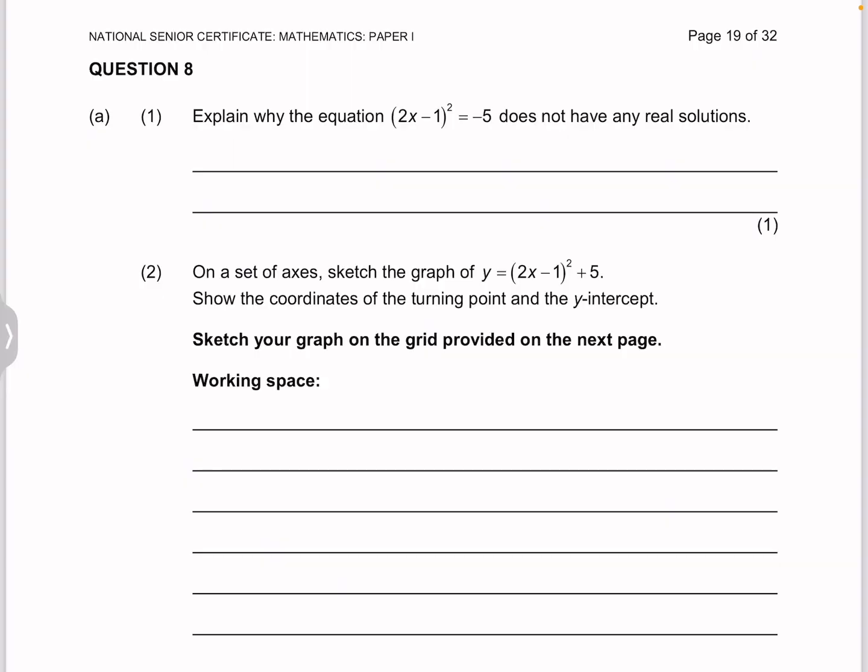Now on to question 8. They say to us, explain why the equation 2x minus 1 all squared is equal to negative 5 does not have any real solution.